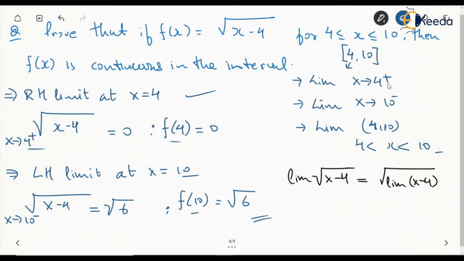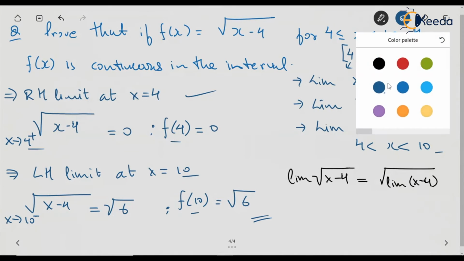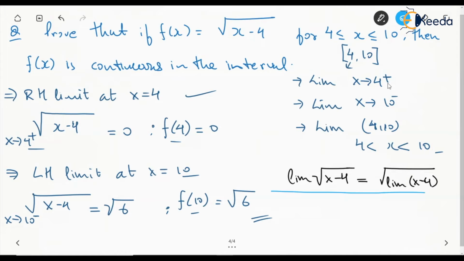Now we have to check the third point, and we can do it here itself. Next concern is the interval 4, 10. Now we have to understand that this function, if we have mentioned f of x there, so let's mention g of x. Let's say this g of x is x minus 4.